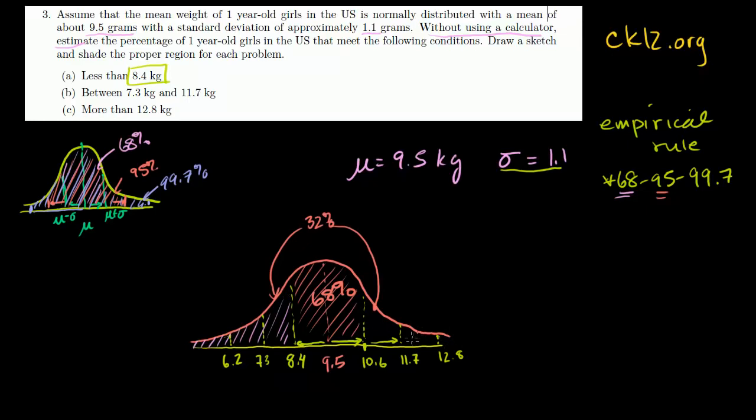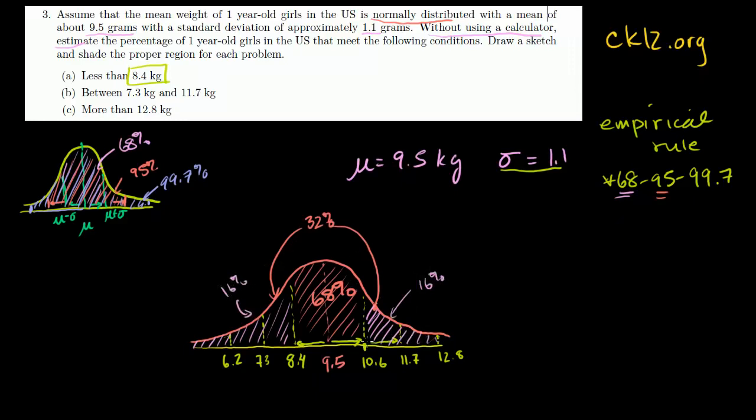And this is a perfect normal distribution. They told us it's normally distributed, so it's going to be perfectly symmetrical. So if this side and that side add up to 32, but they're both symmetrical, meaning they have the exact same area, then this side right here would be 16%, and this side right here would be 16%.